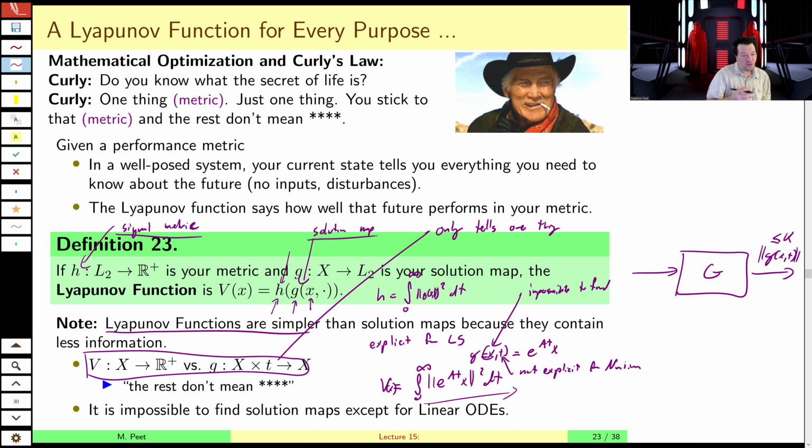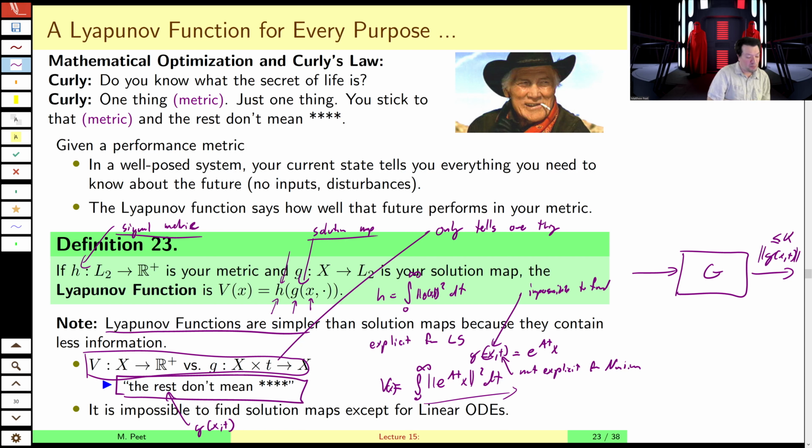And so you have this advantage that Lyapunov functions are easy to find, but the disadvantage that they only tell you the one very specific thing. But if that one thing is the only thing you care about, well then the rest doesn't mean anything. In particular, by the rest we mean an explicit form for the solution map.